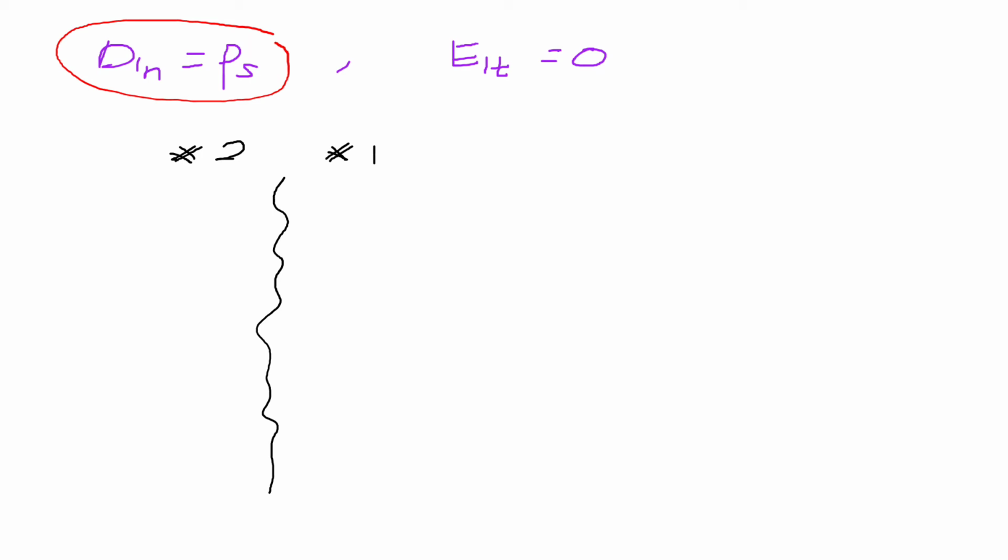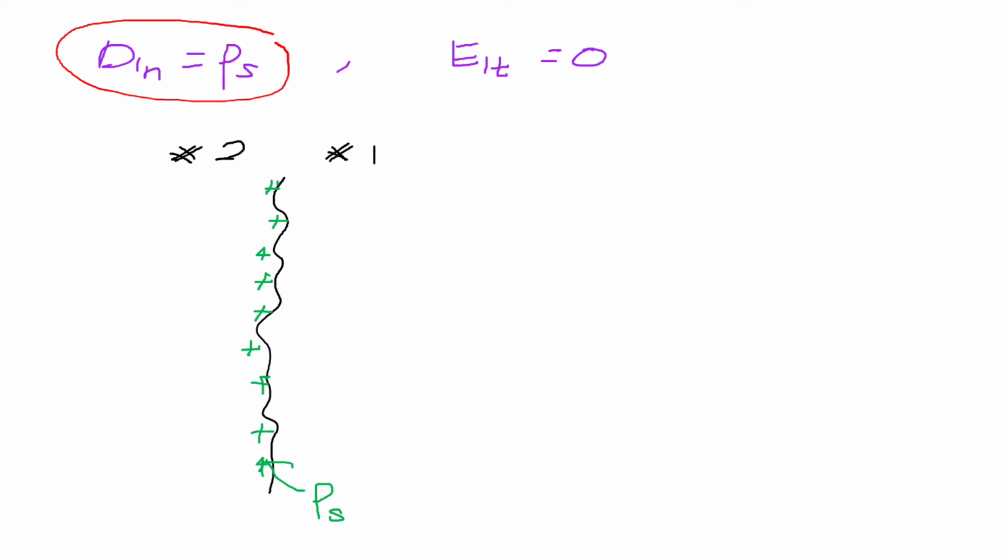Because medium number 2 is our conductor, we have the surface charge here, and I label it as rho s, the surface charge density.